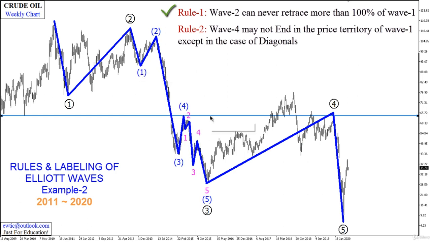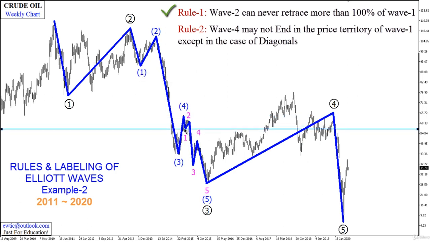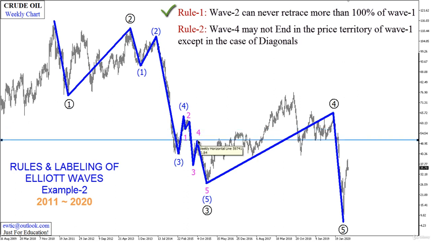What about this move? This is the end of price territory of magenta wave 1, and this is the end of wave 4 magenta. We can see clearly this magenta wave 4 did not end in the price territory of magenta wave 1. So the rule number 2 of Elliott applies perfectly.